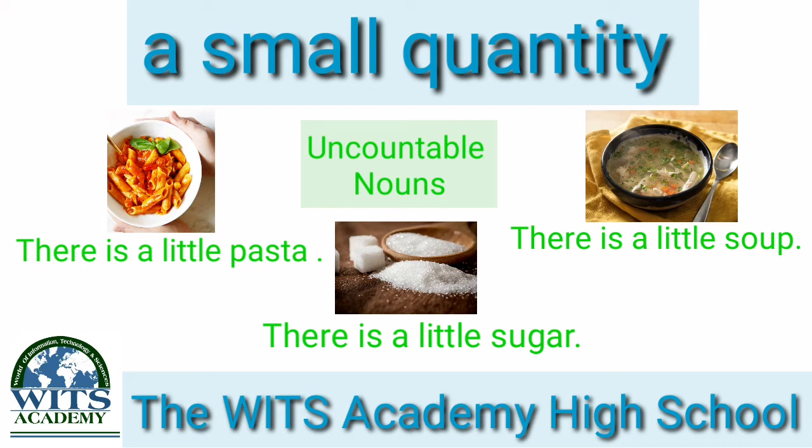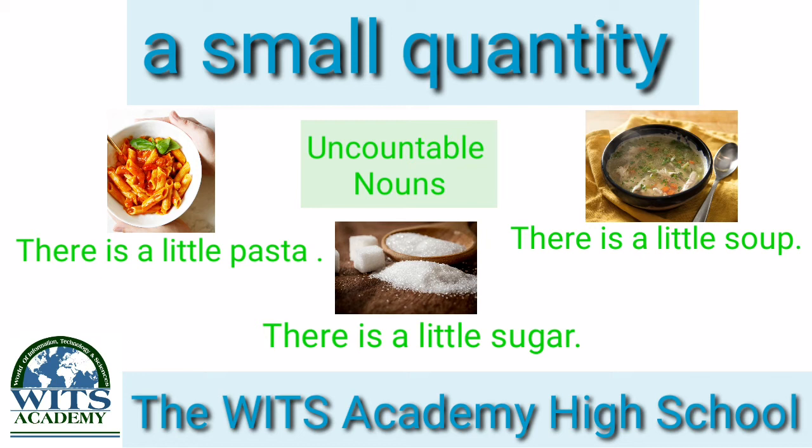All of these nouns are uncountable nouns. Along with countable nouns, I also told you in my previous lecture that uncountable nouns are those nouns which we cannot count. And an uncountable noun exists only in singular.